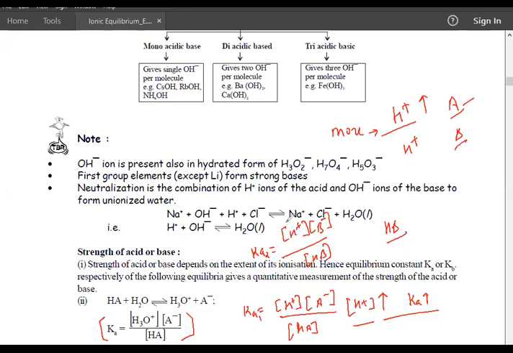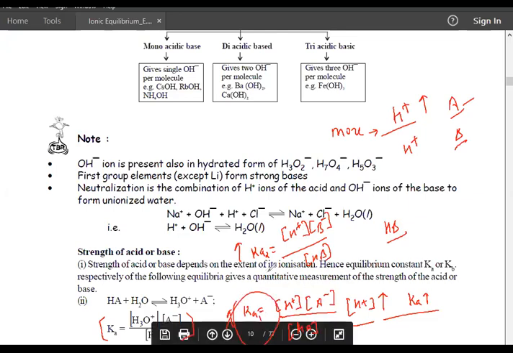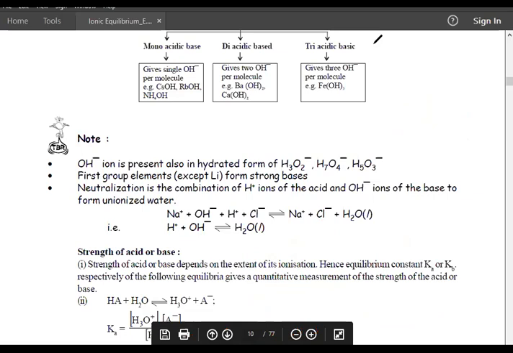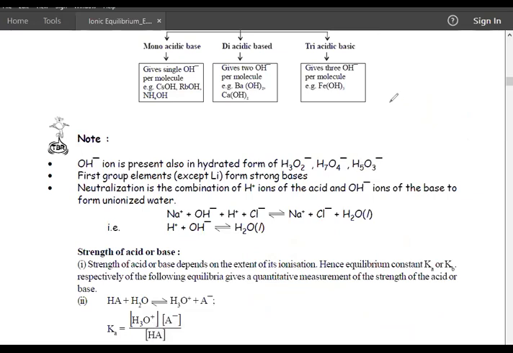Obviously, if H+ of Ka1 is more than H+ of Ka2, then I can say that Ka1 will be more than Ka2, right? So Ka1 will be the stronger acid as compared to Ka2. So I can say that if Ka is more, acidic strength is more.